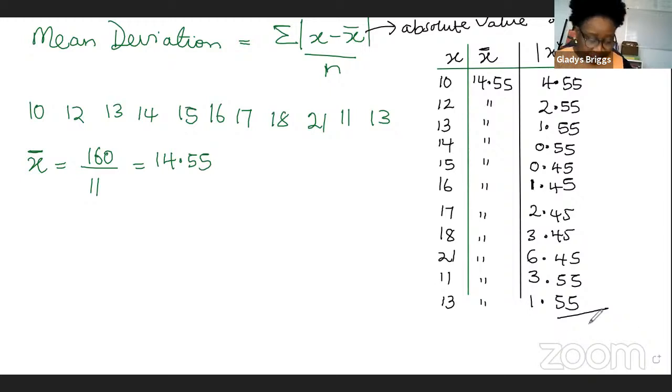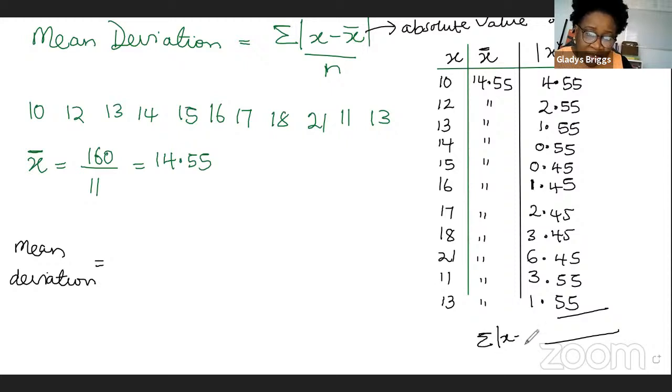What's the summation? What is sigma x minus x bar?